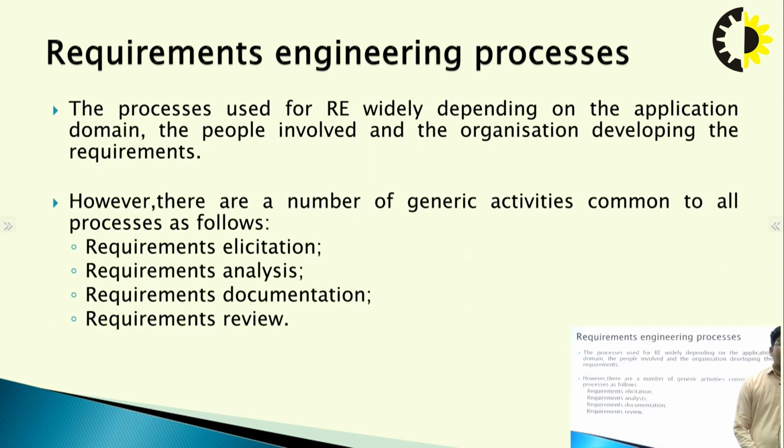Now, requirement engineering processes. The processes used for requirement engineering depend widely on the application domain, the people involved and the organization developing the requirements. However, there are generic activities that are common to all: requirement elicitation, requirement analysis, requirement documentation and requirement review.